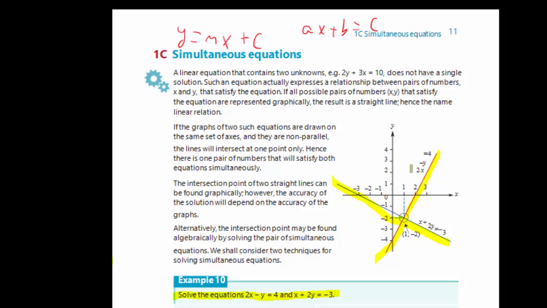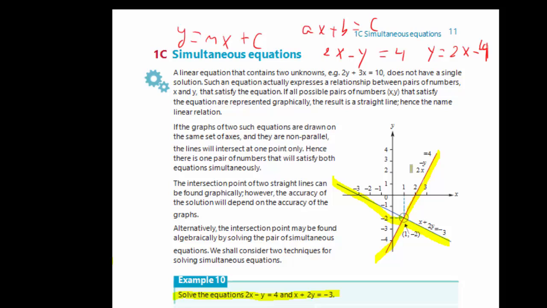So if we look at, for example, this 2x minus y equals 4, this is the same as, if we rearrange it, y equals 2x minus 4. So we can write it in either format. We're writing it now in the alternate form, ax plus by equals c. So we've got 2x minus y equals 4 and x plus 2y equals negative 3.